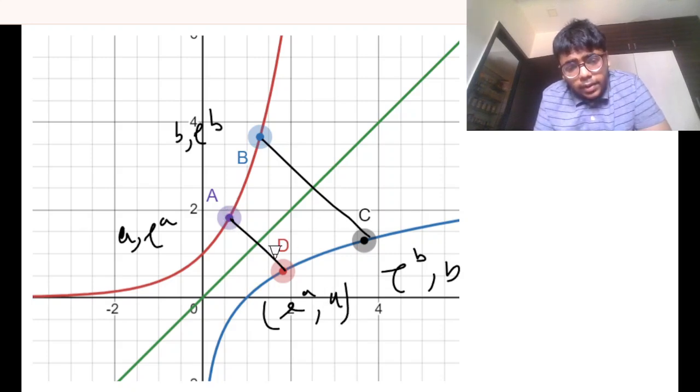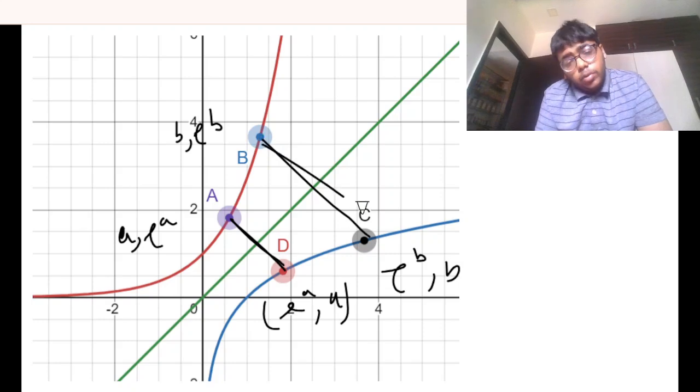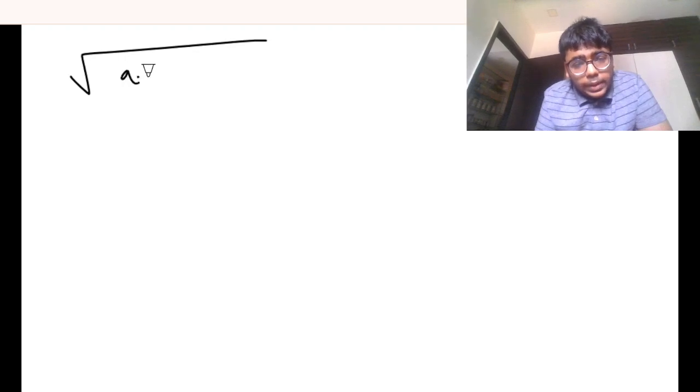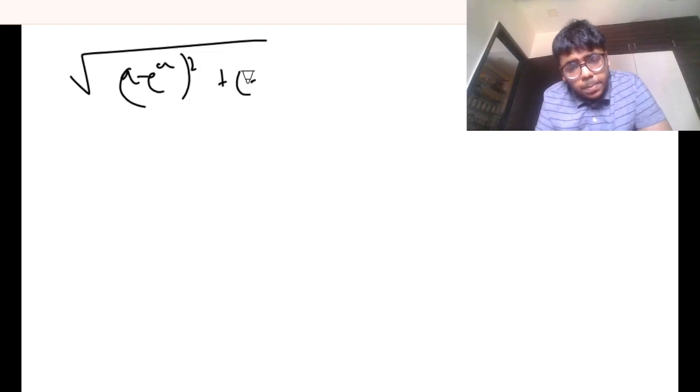Now, what do I need to do? I need to get AD equal to BC. And if I want to get AD equal to BC, I'll put down the distance formula right here. The distance AD is the square root of (a minus e^a) whole square plus (e^a minus a) whole square.